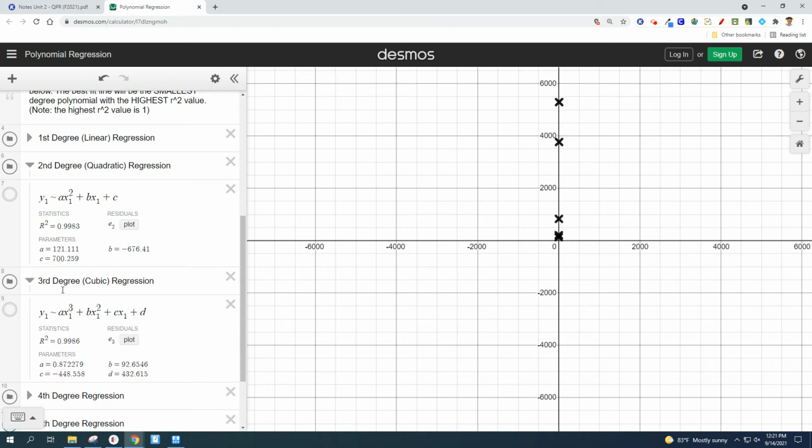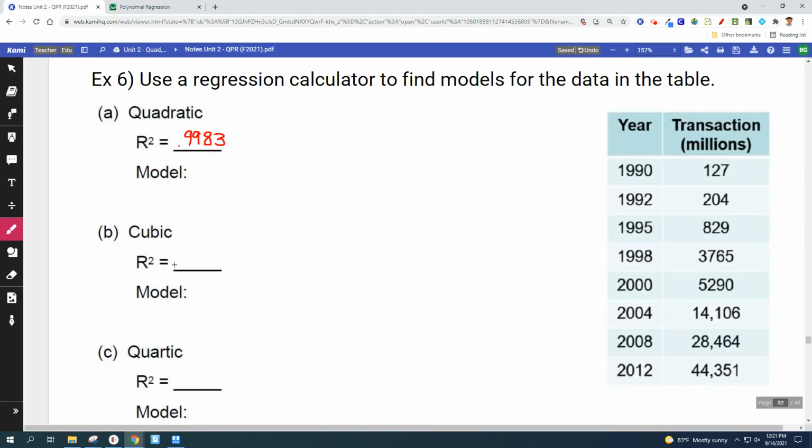If it was a cubic, a third degree, it has an R squared value of 0.9986. So the closer the R squared value is to 1, the better a model it is. So you can see this is a little bit closer to 1, so cubic is a little bit better representation of the data.